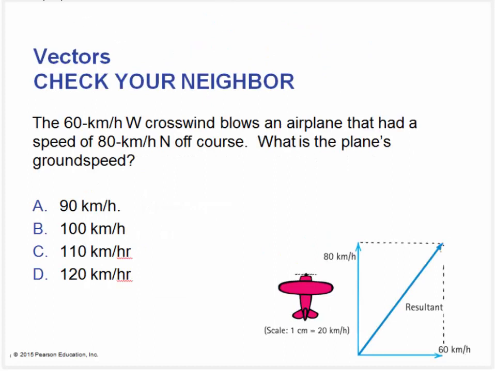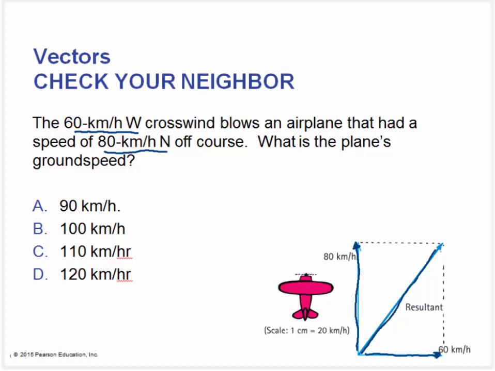So let's get a little bit of practice using this vector addition for things that are right angles. Suppose we have a 60 km/h westerly crosswind that blows an airplane that has a speed of 80 km/h north off course. What's the plane's ground speed? Well, this vector right here represents the northerly component of the velocity. This one right here represents the component due to the crosswind.